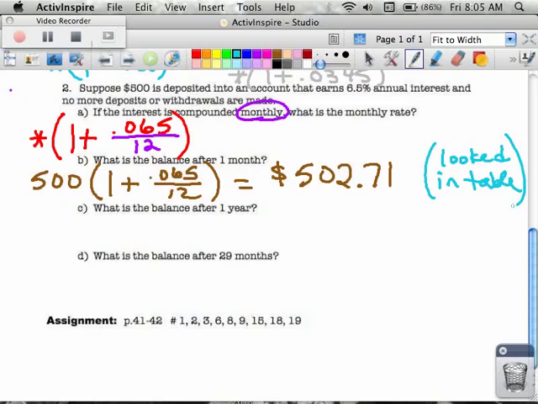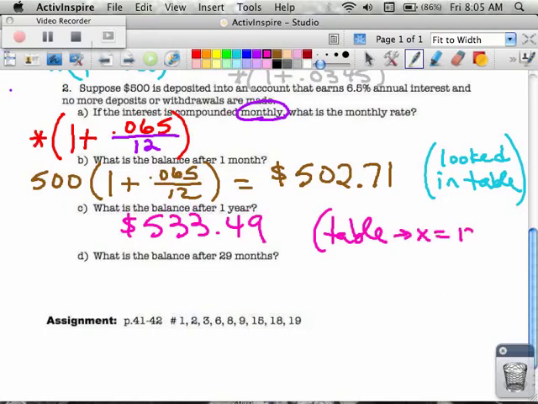Just go down to 12. So when you get to 12, how much money do you get? $533.49? Yep, 49 cents. This is in my table when x equals 12, or in other words, after the 12th month.